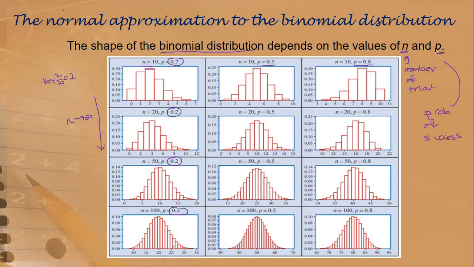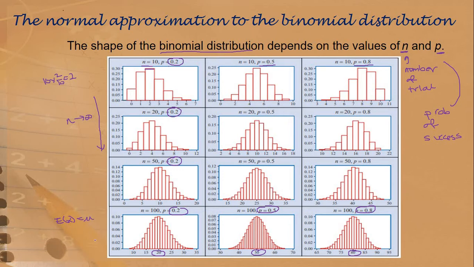When n equals 100, our normal distribution is centered at a different place, because we would have a different mean or expected value.